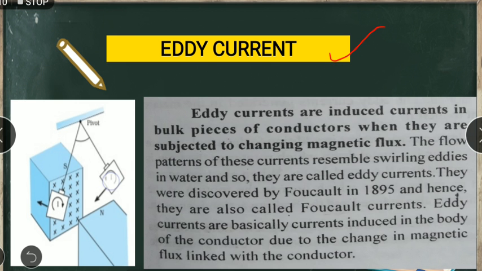When it comes inside, the direction of current on the surface will be in one direction. When it moves away from the magnetic field, the current direction on the conductor will be opposite to the previous one.